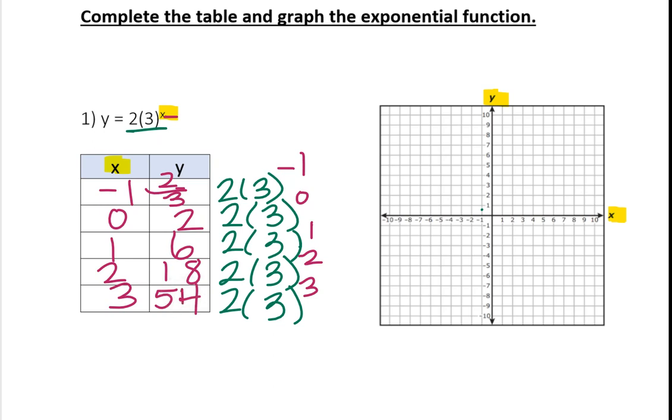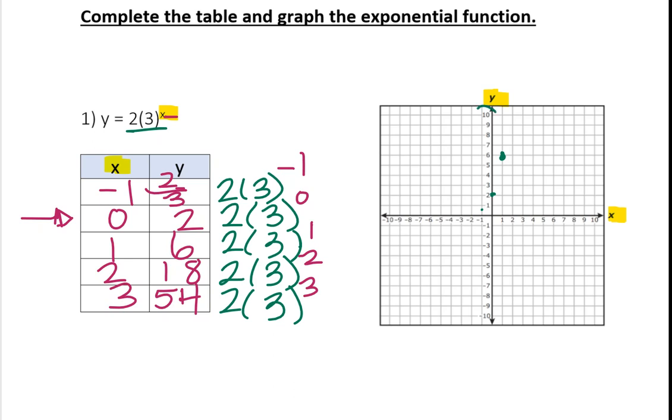So let's go ahead and plot these points. I have a 0 for x and a 2 for y. So I plot that 0, 2. It's right there. Next I have x is 1 and y is 6 there. Then I have an x value of 2 and a y value of 18.